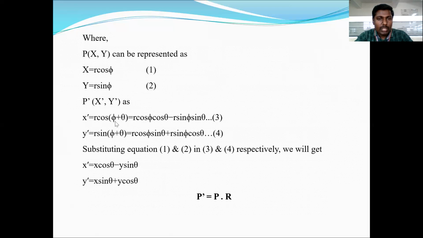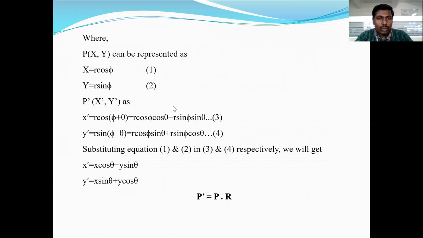Expanding this, it is r cos phi cos theta minus r sin phi sin theta, which is equation 3. Likewise y dash equals r sin of phi plus theta, which expands to r cos phi sin theta plus r sin phi cos theta, equation 4. Here only the plus and minus signs changed.